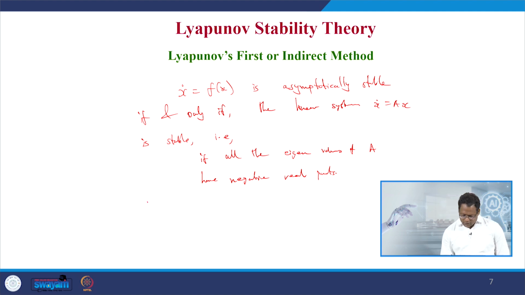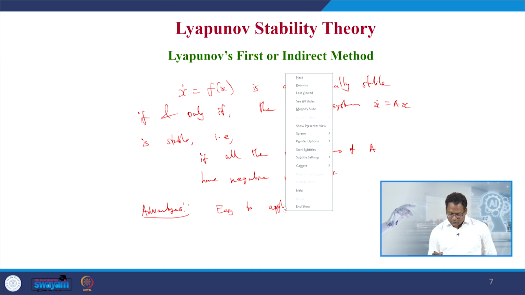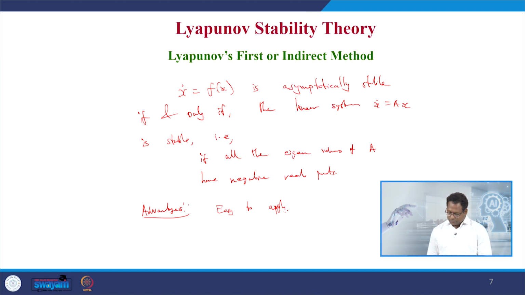And the advantage associated with this first approach of Lyapunov stability analysis is it is easy to apply. When we say advantages, definitely we have disadvantages also associated with this first approach.